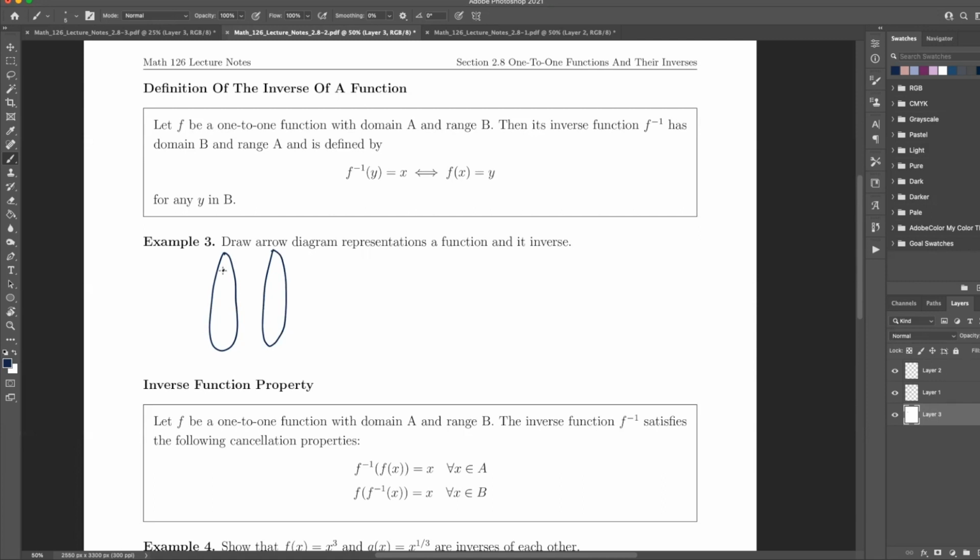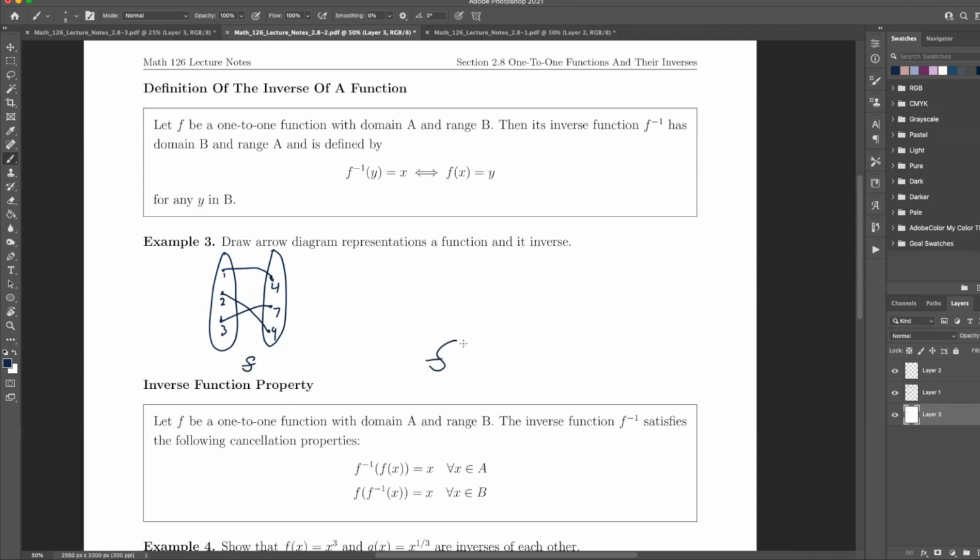So here, let's pretend we have 3 elements. We'll say we have 1, 2, and 3. And so 1 gets sent to, well, I don't know, 4. 2 gets sent to 9, and 3 gets sent to 7. So here's my function.